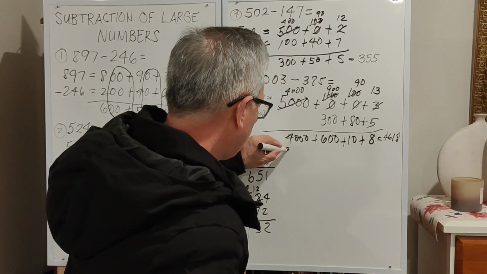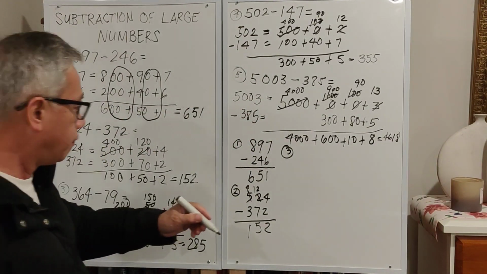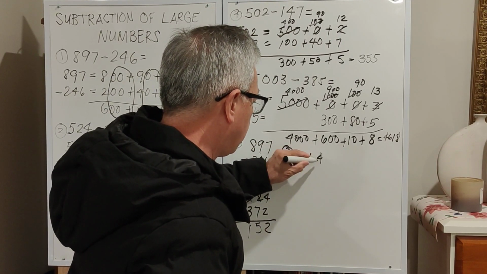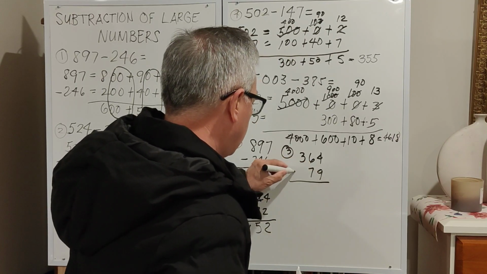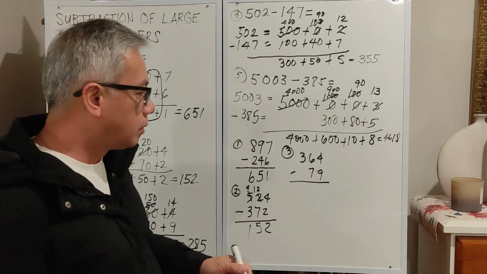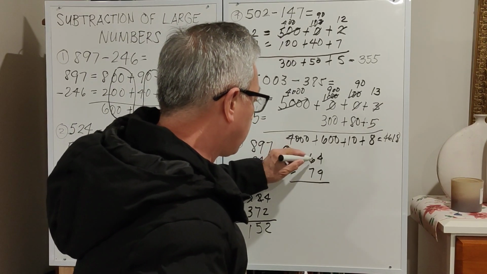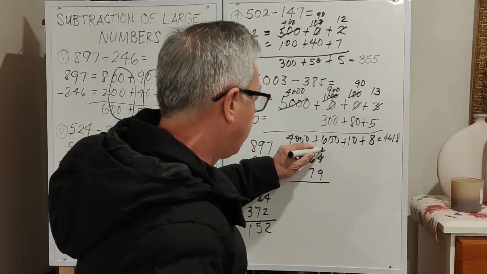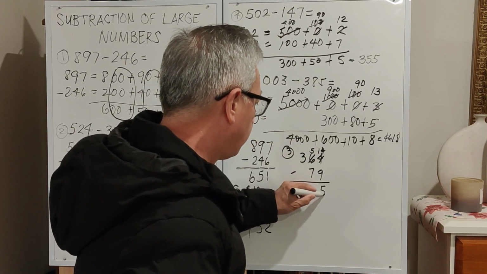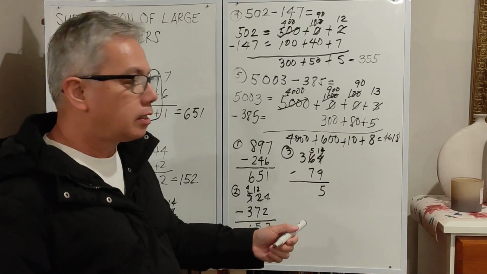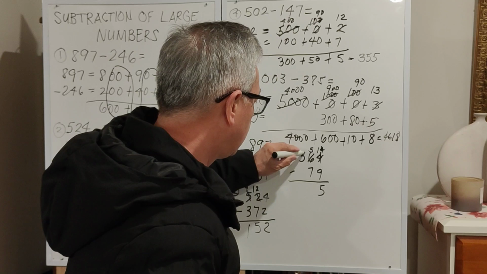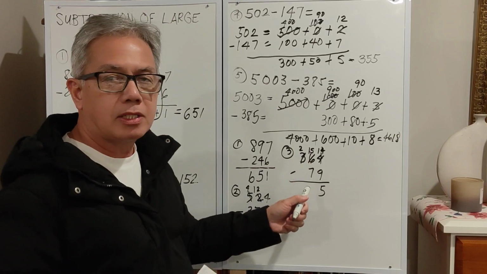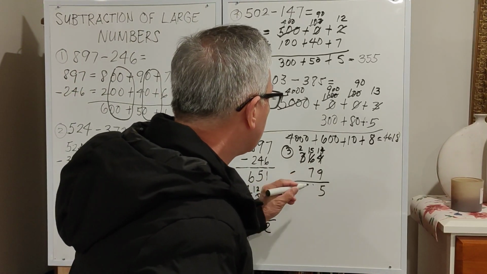Number 3, 364 minus 79. So 4 minus 9 we cannot subtract, so 4 has to borrow from 6. 6 becomes 5, and 4 becomes 14. 14 minus 9 is 5. 5 minus 7 we cannot subtract, so 5 has to borrow from 3. 3 now becomes 2. 5 now becomes 15. 15 minus 7 is 8.